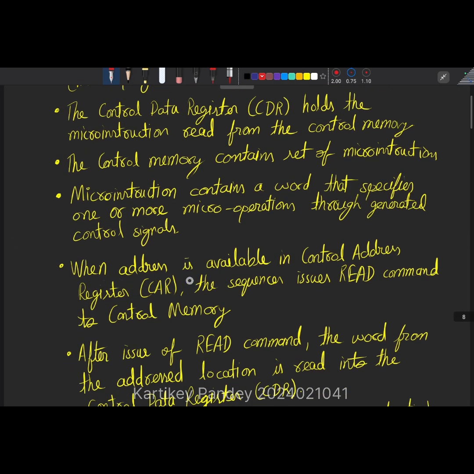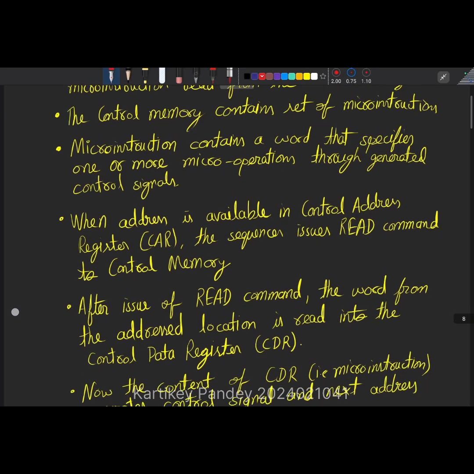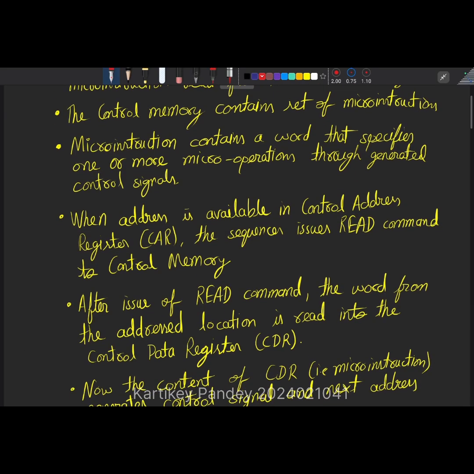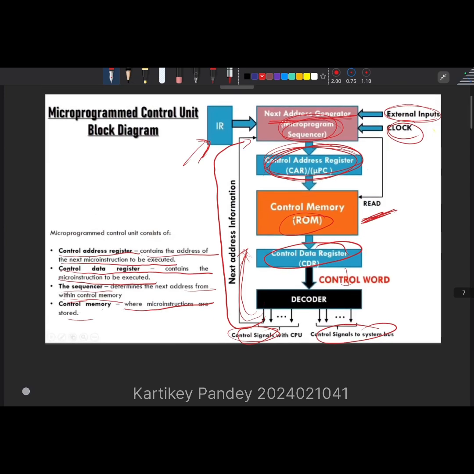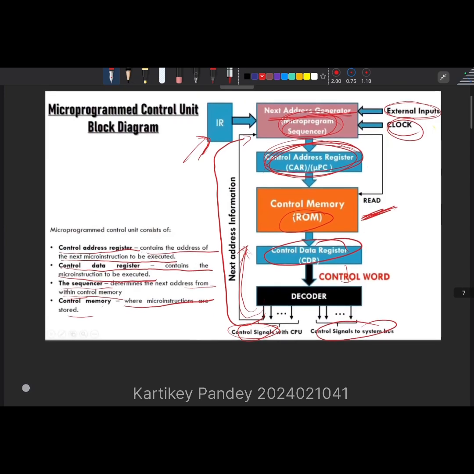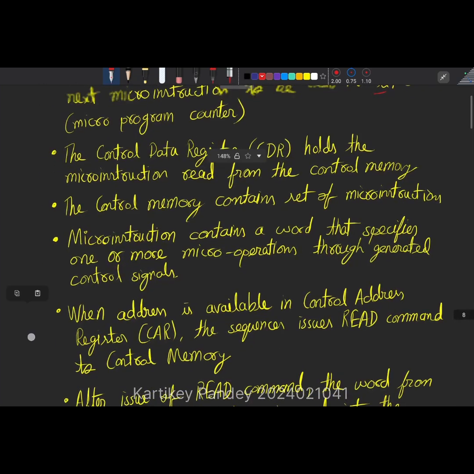And when an address is available in the control address register CAR, the sequencer issues a read command to the control memory. That is, if the address is available in the control address register, which contains the address of the micro instruction that is to be executed next, then the sequencer issues a read command to the control memory.